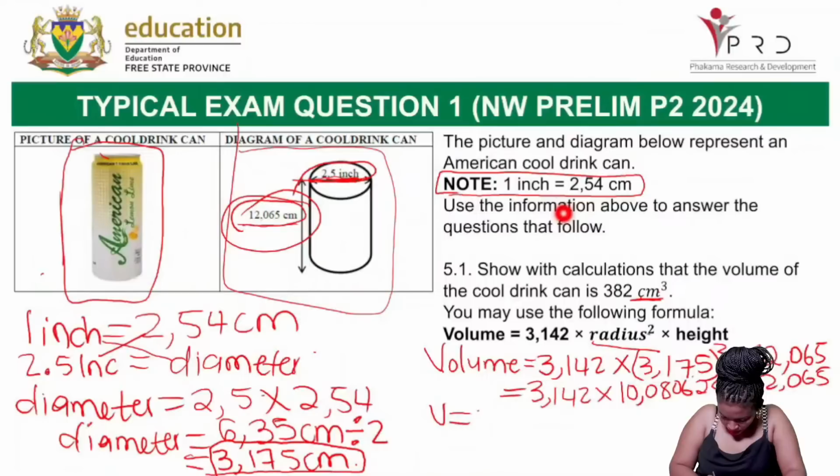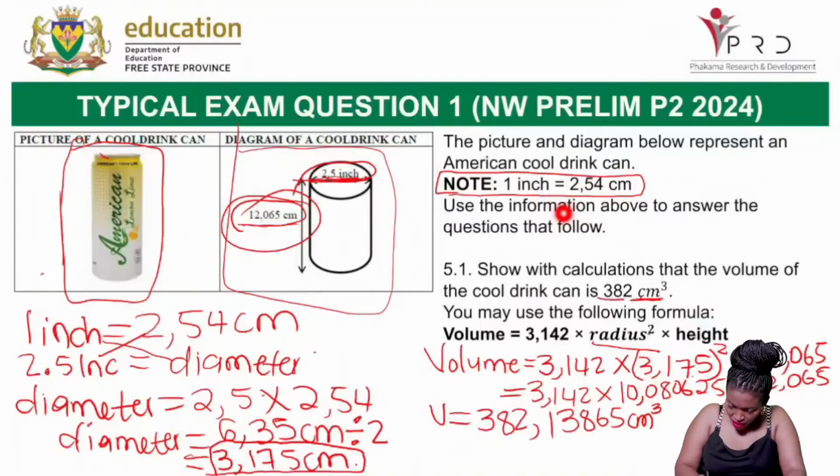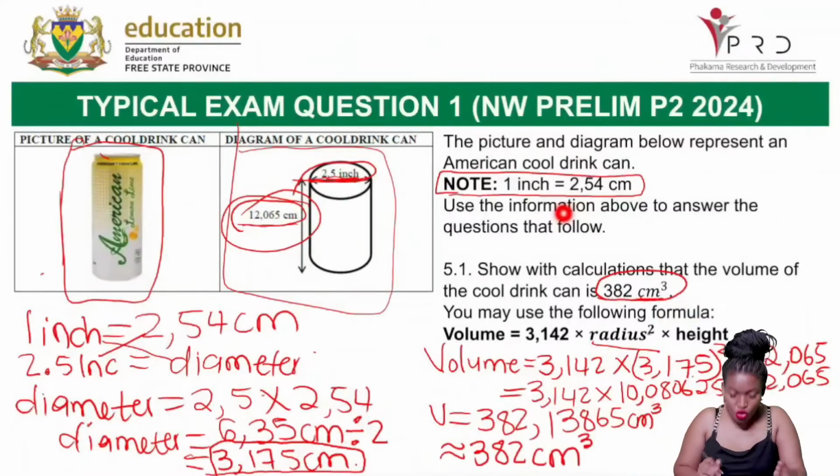I am getting 382.13865 centimeters cubed. But they say you must show that it's 382. How did they get that 382? They had to round. So the volume rounded is 382 centimeters cubed.